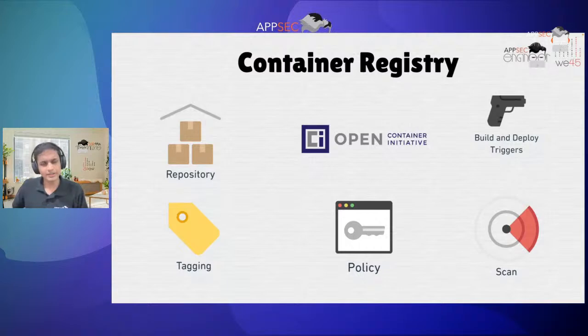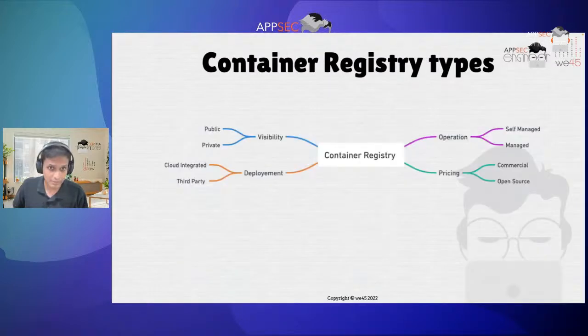Now, when it comes to container registries, there are multiple types of registries. First of all, when you look at the operation, if you want to have a managed registry, you can opt for something like ECR, for example. You don't necessarily have to worry about the underlying infrastructure or the storage component of the entire registry. All of it is taken care of.